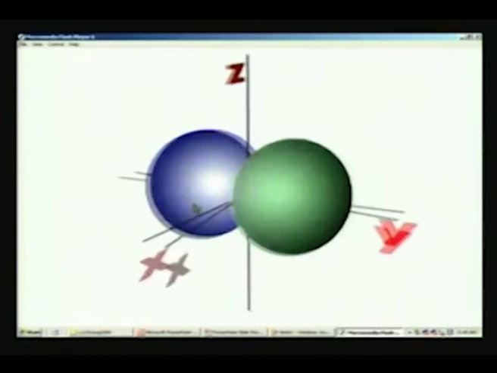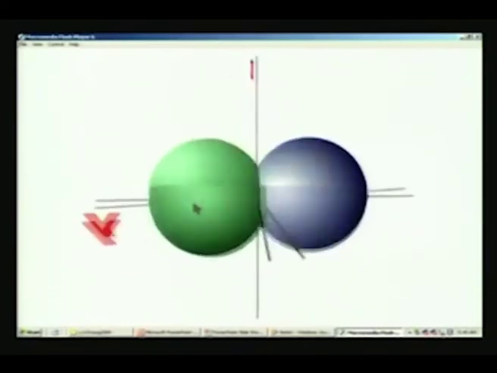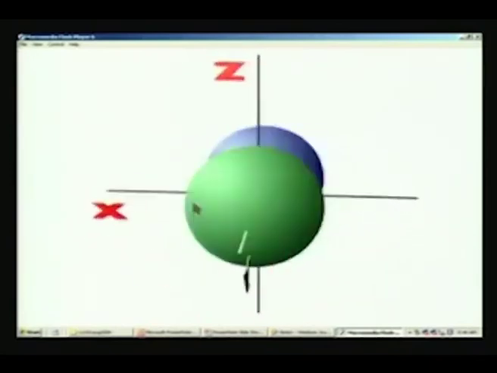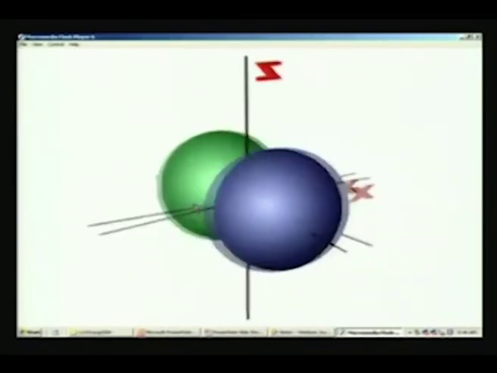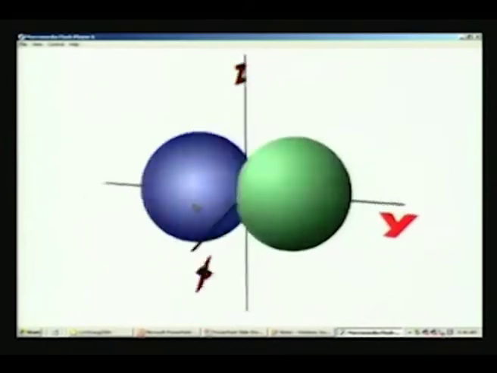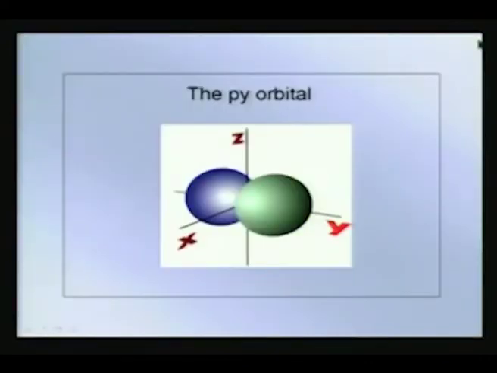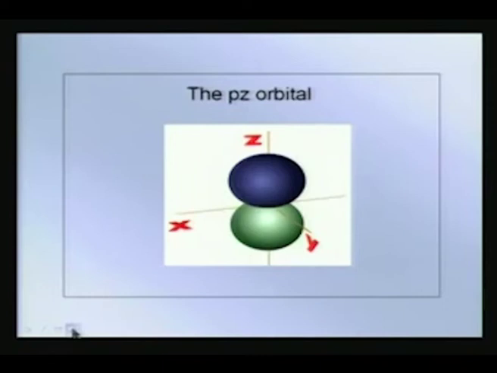Remember, these are not the wave functions themselves, these are pictorial representations of the angular part of the overall wave function. A correct representation must involve the radial parts as well, but we call them orbitals anyway. You have to remember that this is somewhat inaccurate, but it is done for convenience. pz.